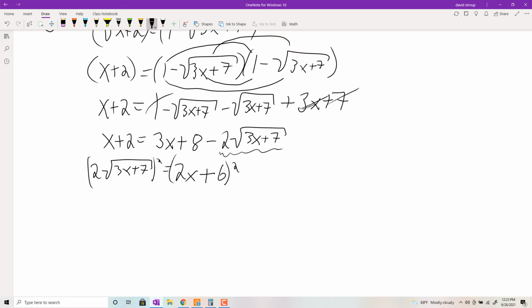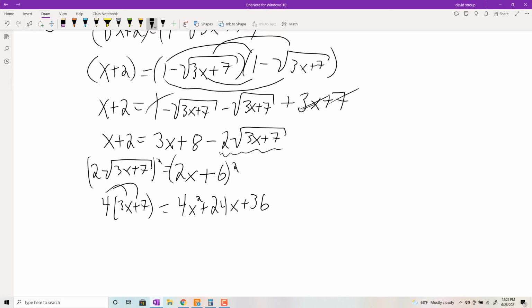So on the left, you'll have 2 root 3x plus 7 times 2 root 3x plus 7, which will just give you 4 times 3x plus 7. On the right, you have the FOIL. So I'll have 4x squared plus 12x plus 12x, which is 24x, then plus 36. Now this thing is quadratic, so we want to set it equal to 0.